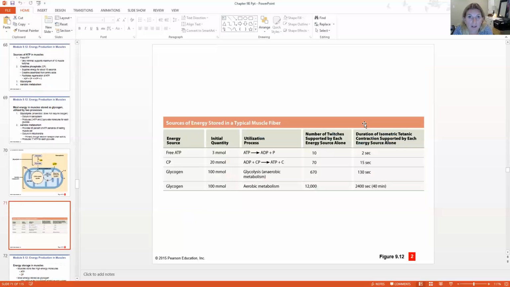If I went over that too fast, that's okay. There's a whole chapter next semester dedicated to all of that. Take a look here. You'll see exactly what I was just talking about, the sources of energy, I should say, in a muscle cell and how it is used.